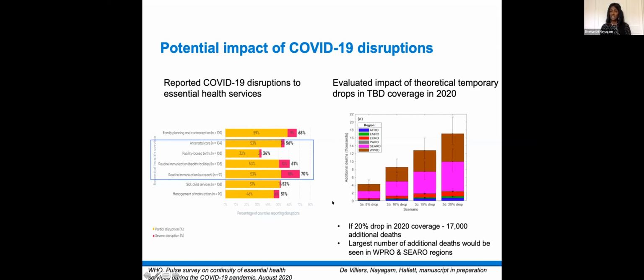And what you can see is if there was a 20% drop in 2020 coverage levels, there'll be about 17,000 additional deaths. That impact would be mainly in the 2020 birth cohort, which makes sense if it's a temporary disruption. The largest number of additional deaths would be seen in the Western Pacific and Sero regions, which have high burdens, but also have a baseline higher level of birth dose coverage.